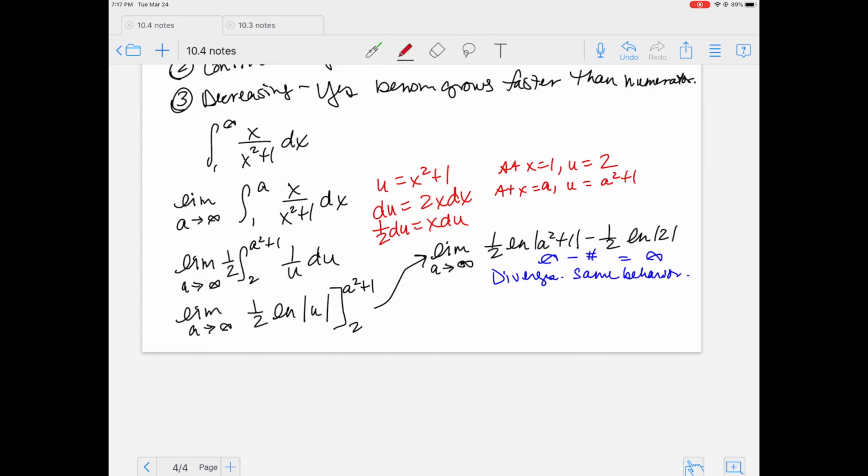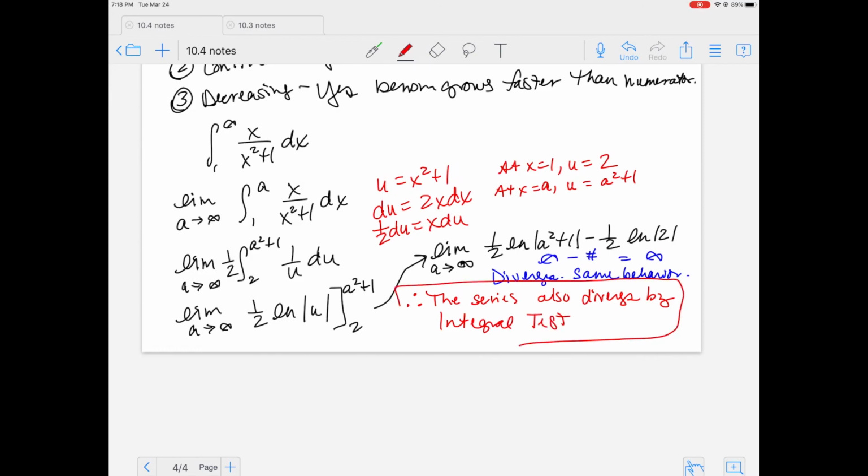Therefore, the series, oopsie daisy, also diverges by the integral test. Right? Because my integral diverges, then my series also diverges.